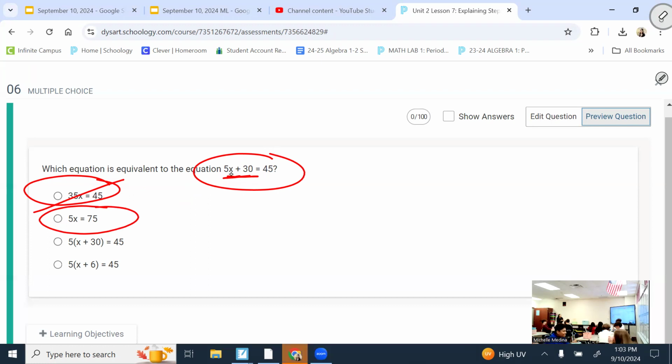How would I cancel it from my original? What would I have to do? Subtract it. Sorry, it's lagging. And whatever you do on one side of the equal sign. So really, if I did that, it would be 5x equals 15, not 75. It looks like they accidentally added 30 on both sides, so don't do that.